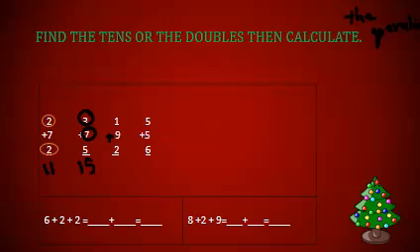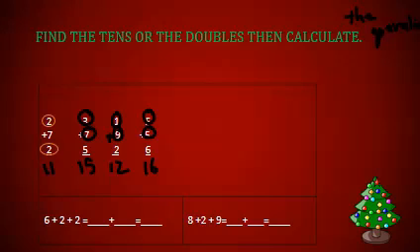Here, we have 1 plus 9 plus 2. So we have to circle 9 and 1. Why? Because they make 10. So it's 12. The last one, we have to circle which numbers? 5. Because they are the double of 5. Equal 16. 6 plus 2 plus 2.